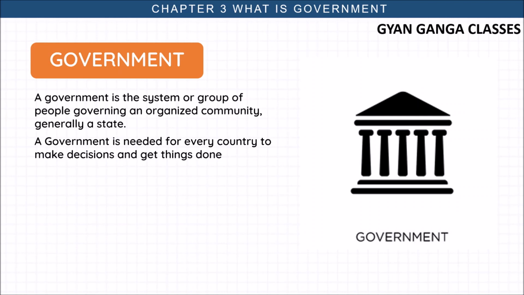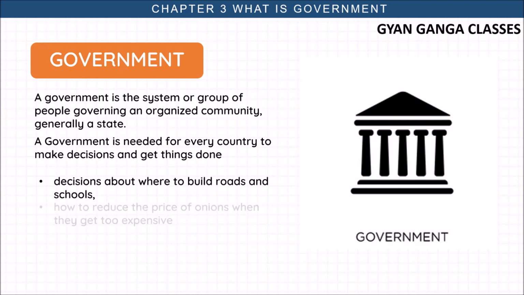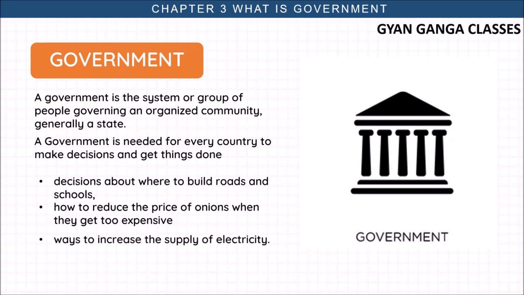Every country, every state needs a government to make decisions and get the functions properly done in an order. They are the ones who decide where to build roads, where to build schools, and how to reduce the price of vegetables when they are too expensive.